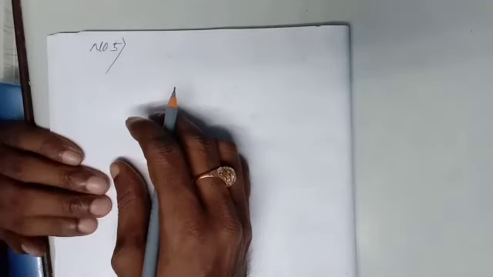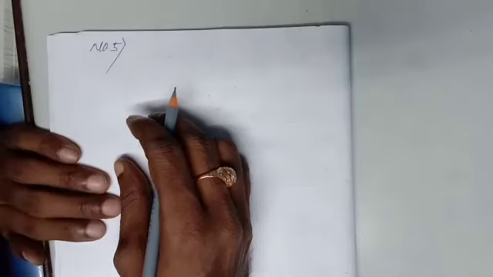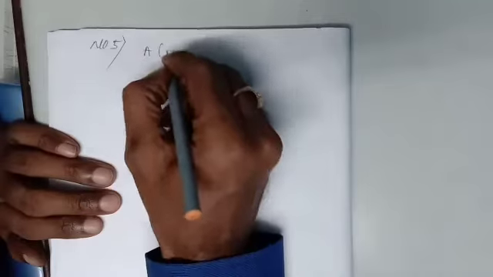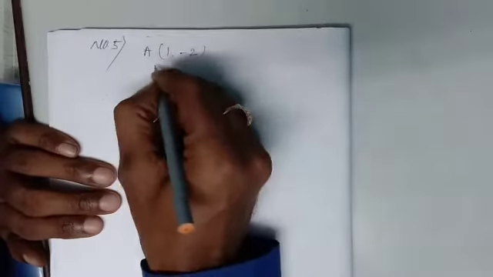Question number 5. Without using distance formula, show that the points A (1, -2), B (3, 6), C (5, 10) and D (3, 2) are the vertices of a parallelogram.